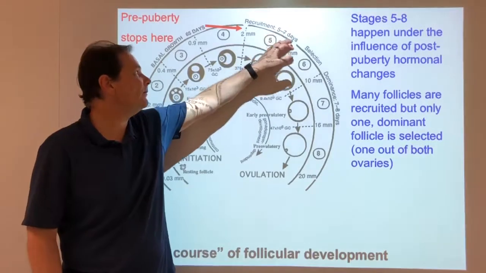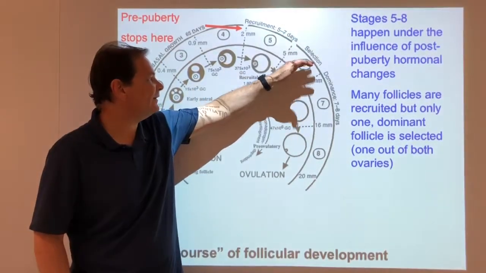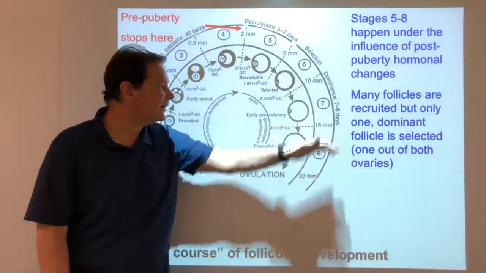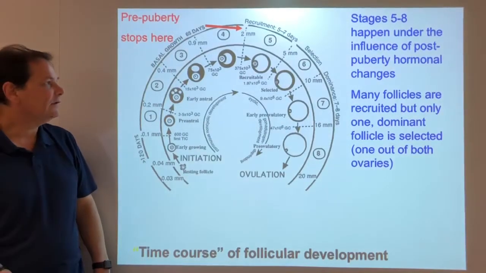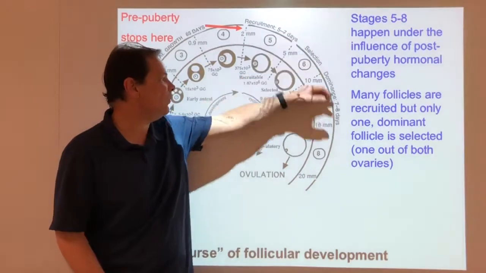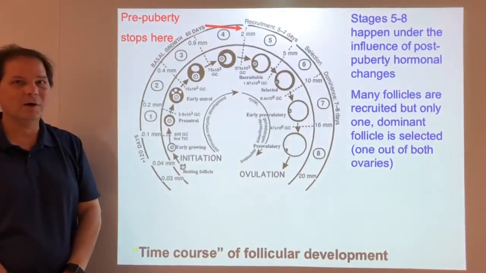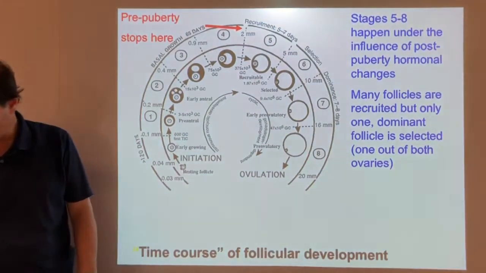You get quite a number of follicles recruited here, but eventually selection takes place, and one dominant follicle ends up out-surviving the rest. Okay, so although many follicles start at stage 5 at once, you end up with one follicle that sort of rules them all, and the rest of the follicles sort of regress and die off.